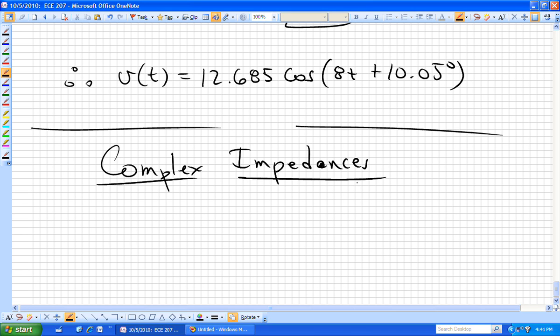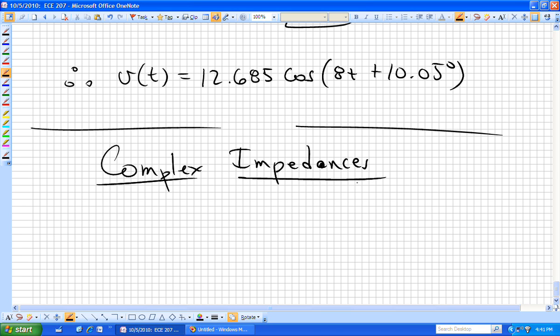Complex impedances. Why are we wanting to do this? Because we want to basically get rid of Eli for a while. V is equal to L di dt. We would like to not have to deal with derivatives all the time and just multiply by complex numbers or divide by complex numbers. Just do some algebra.